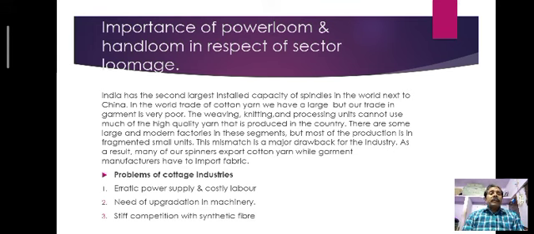On the other hand, there are some large and modern factories in these segments, but most of the production is in fragmented small units, done in different parts and different urban areas. This mismatch is a major drawback for the industry.